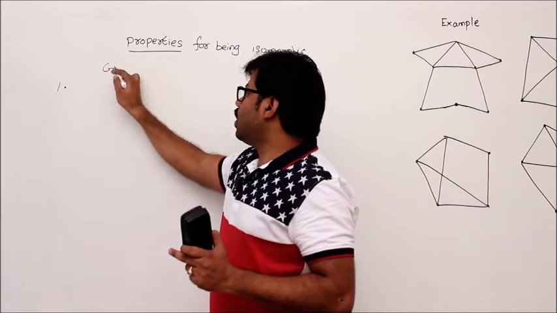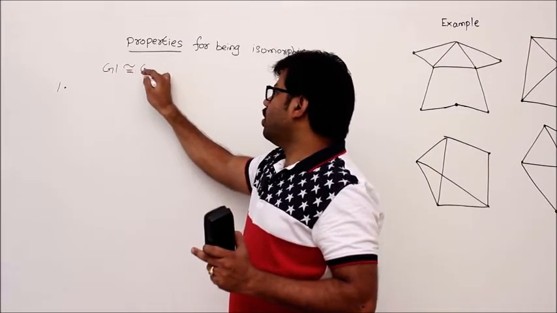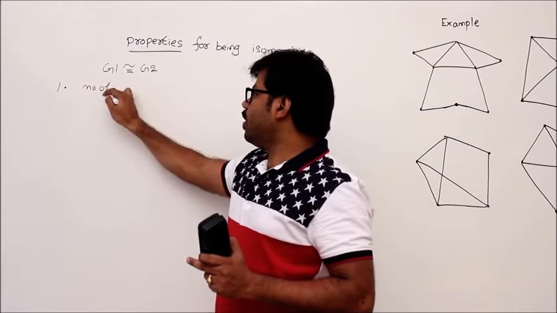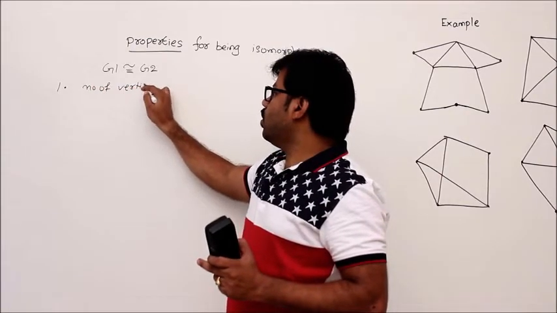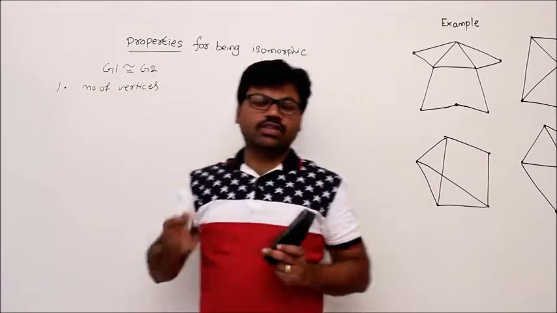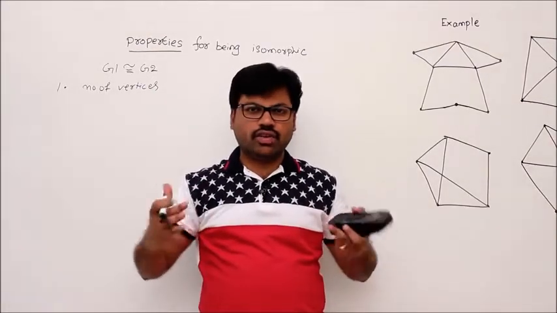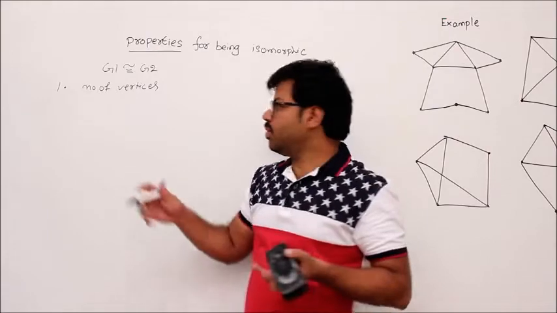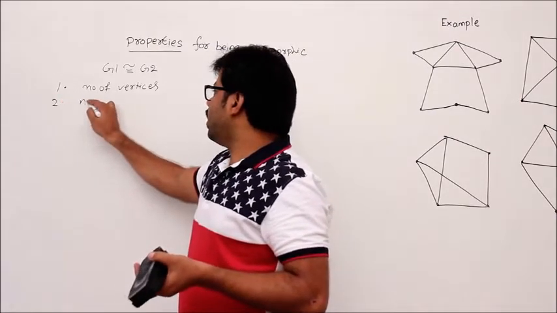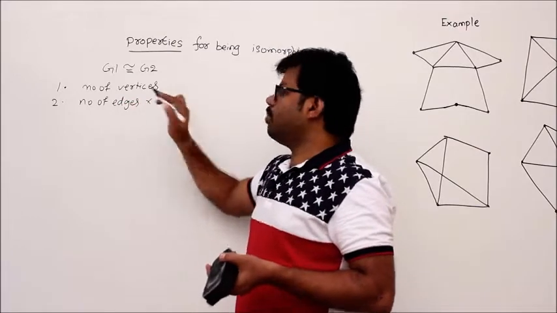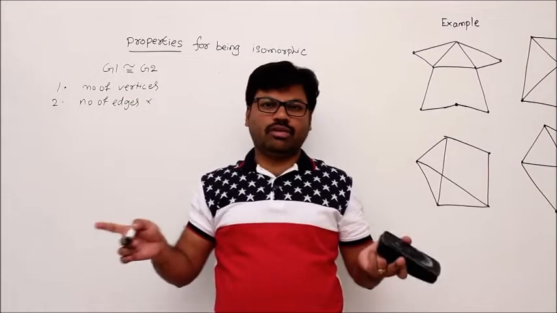To say that two graphs are isomorphic, one necessary condition is that the number of vertices should be the same. What about the number of edges? We know it's an adjacency, so two graphs should have the same structure. For that, the number of edges also should be the same. If the number of edges is not the same, then the two graphs are not isomorphic.